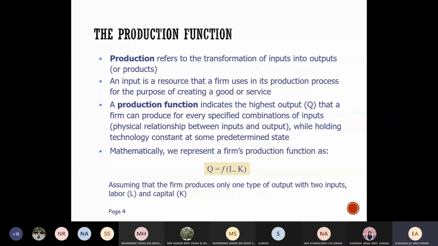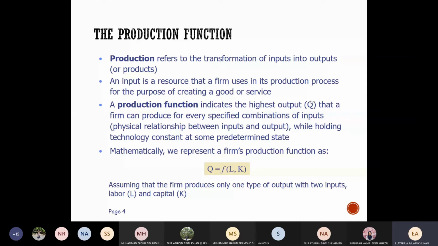An input is a resource that a firm uses in the production process for the purpose of creating a good or service, as I said just now. First they take raw material and convert it into something useful, some goods or objects, which we call output.